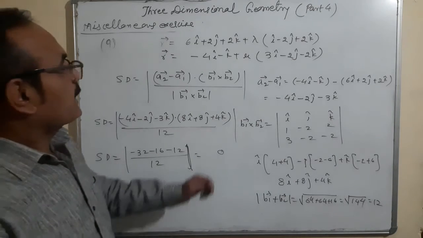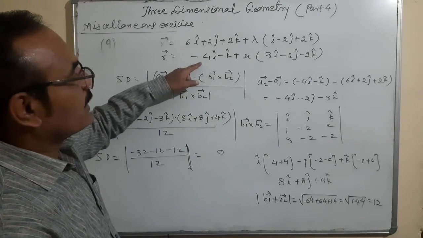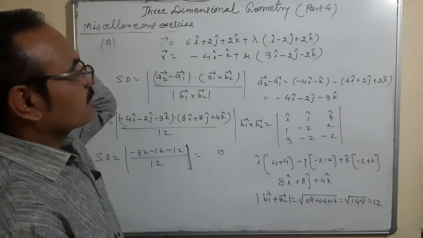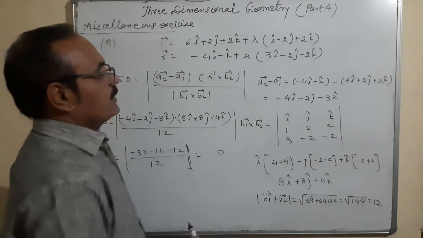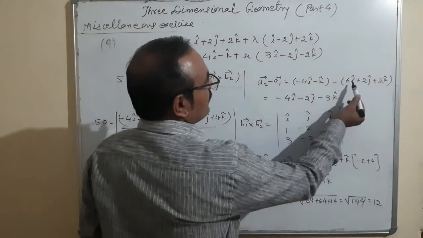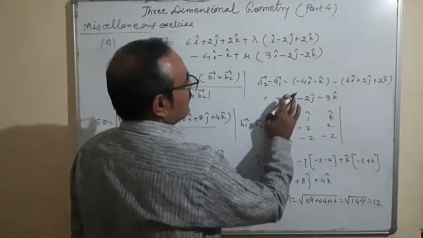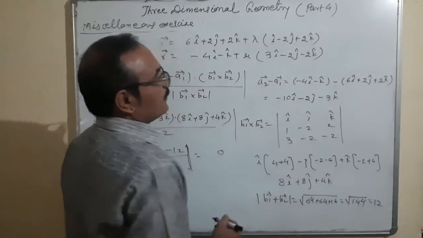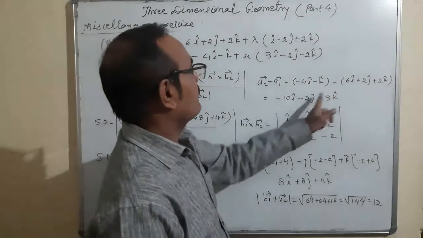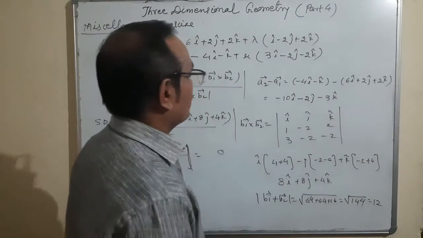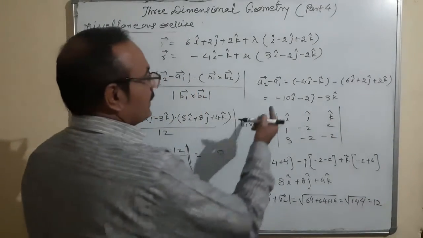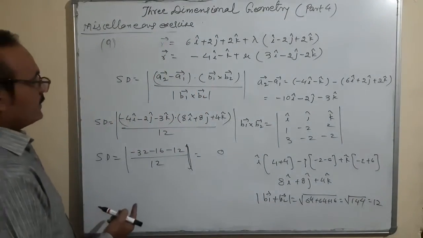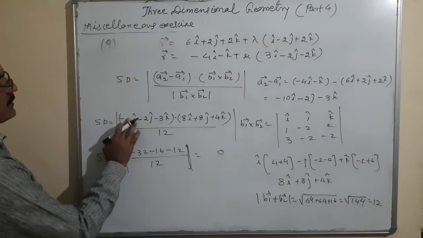Boys, let us check it. A2 minus A1: minus 4i minus 6i, it is minus 10i, minus 2j and minus 3k. So here we have to write A2 minus A1 as minus 10i.